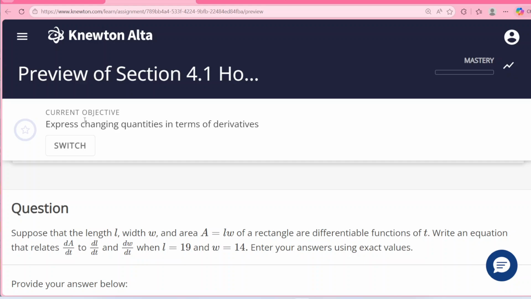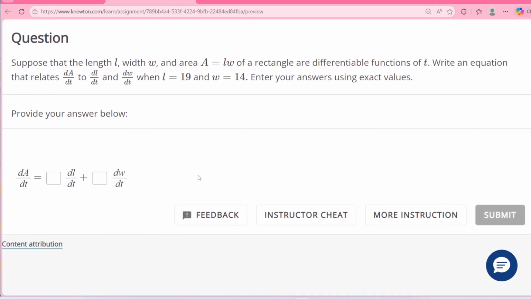Alright, so then on the main page you have your current objective, a question related to that current objective, and at the bottom of each question you should see a feedback button.